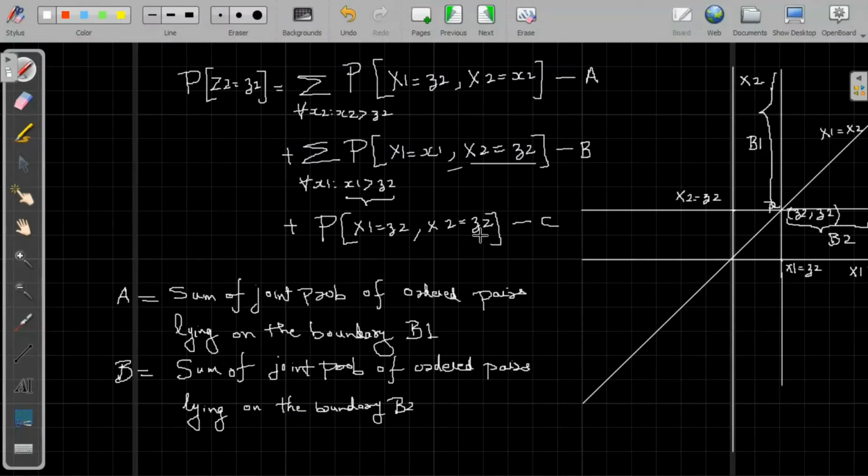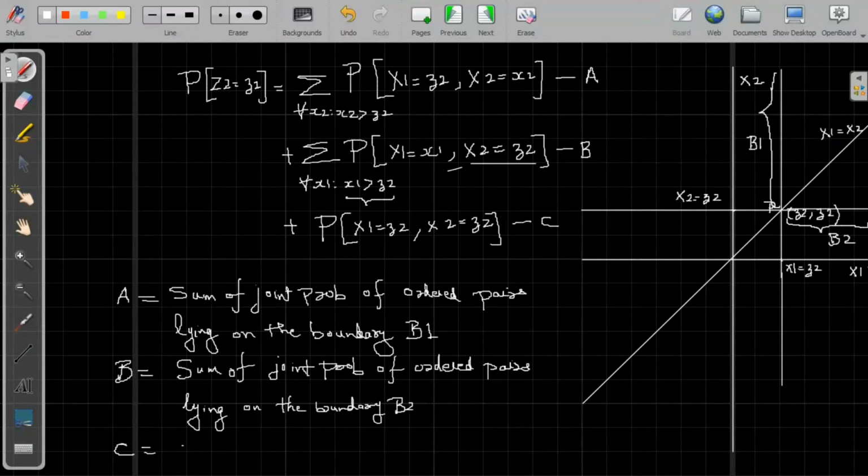Similarly, we can see the expression C. So expression C is nothing but the joint probability of this corner point. Joint probability that the ordered pair x1 x2 takes this corner point.